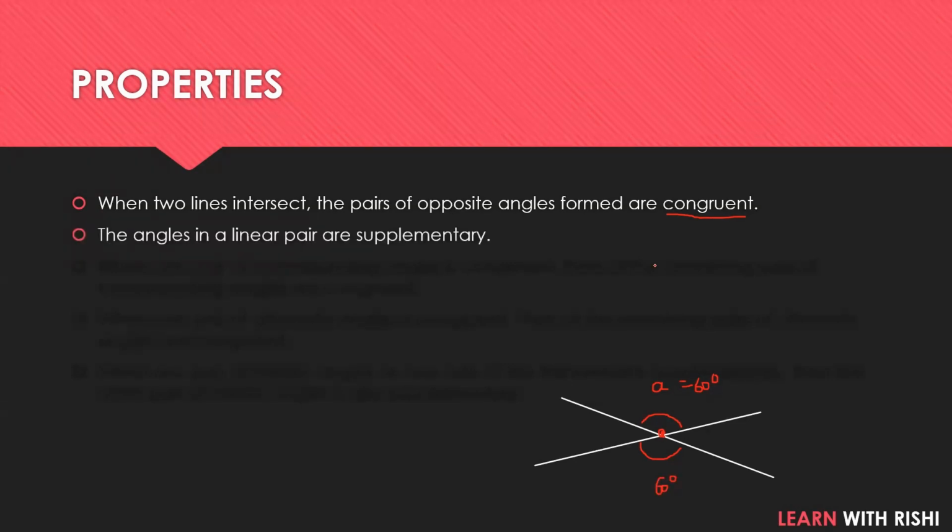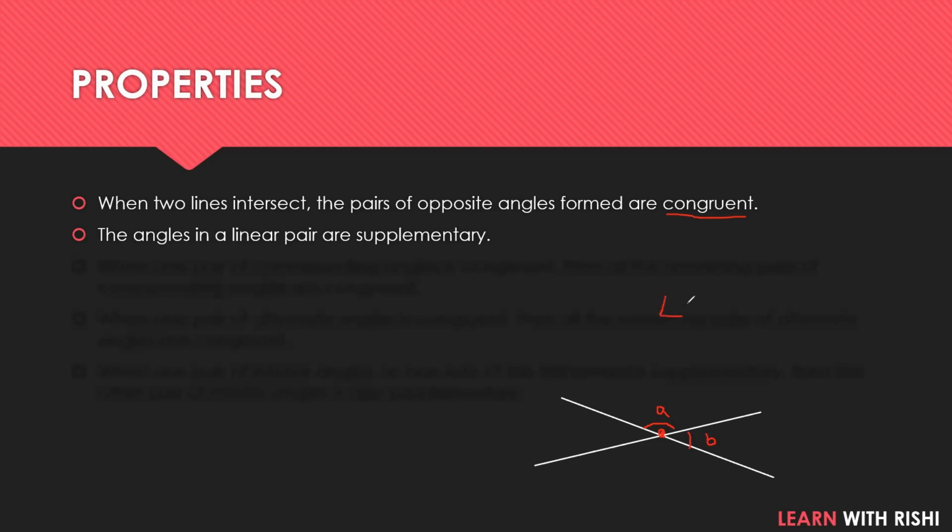So next is angles in linear pair are supplementary. In the same diagram, if I show you the example, two lines are intersected, right? Now angles in linear pair. Linear pair means this is my angle A, and this is my angle B. Both these angles are angles in linear pair.